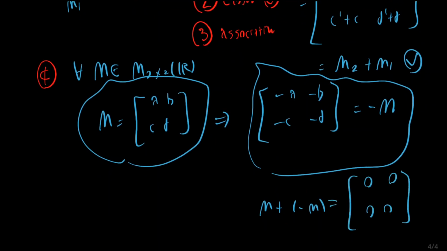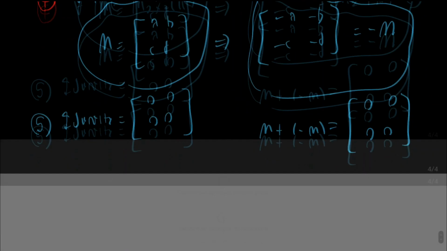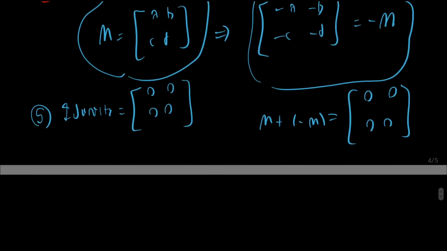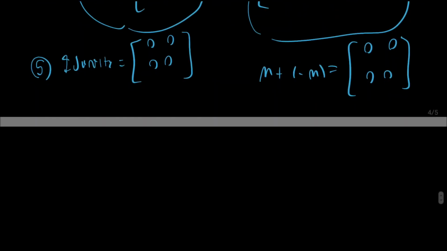That is the identity. And the identity is the matrix 0, 0, 0, 0. Again, where 0 is the identity of real addition. And well, why? Because if you sum it to any matrix of the set, you will get the element you summed it to back. So this is a group.